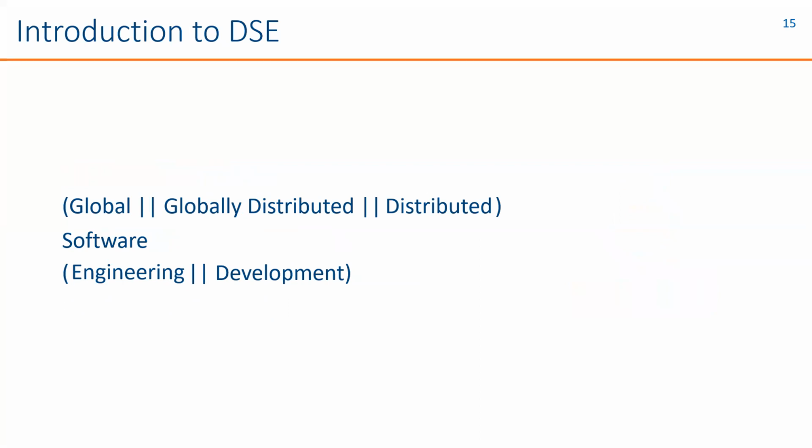As you probably already guessed, distributed software engineering doesn't just mean remote work. If it did, I would not use such a long name for it. Some people have used the terms distributed software engineering, distributed software development, global software engineering, global software development, geographically distributed, etc., and other terms interchangeably.